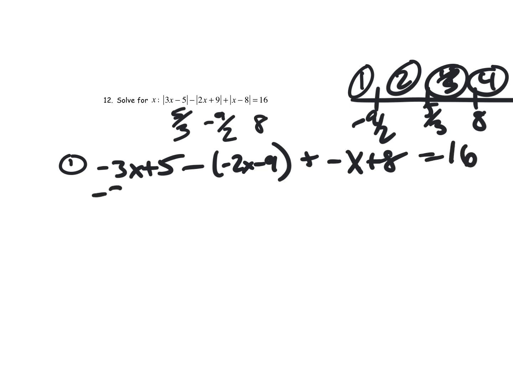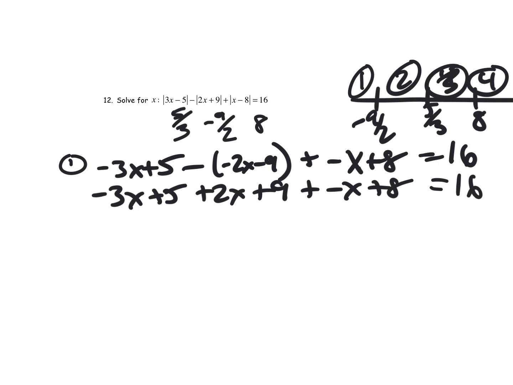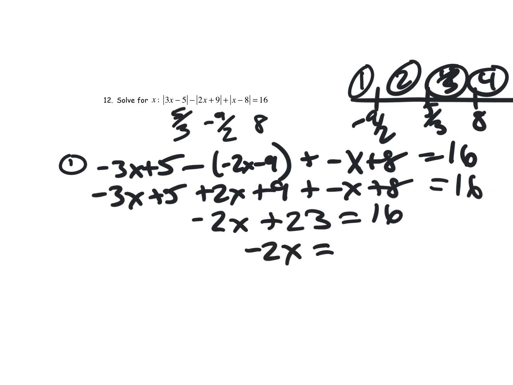All right, let's simplify this. -3x plus 5 plus 2x plus 9 plus -x plus 8 equals 16. So the left side, it looks like I have got -4x plus 2x is -2x, and then I've got 17 plus 5, so plus 23 equals 16, or -2x equals -7, or x is 7/2.